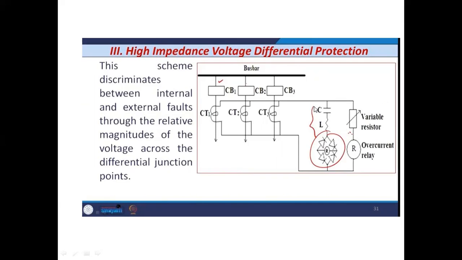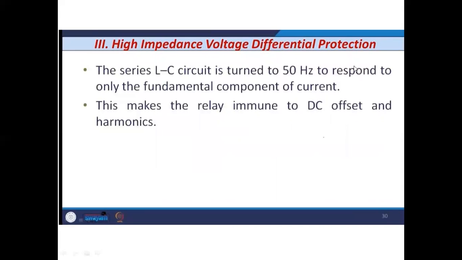If I have this point along with this L and C circuit, the LC circuit is tuned to how much frequency? 50 hertz, to respond only to the fundamental frequency component of the current. So this type of scheme makes the relay immune to DC offset and harmonics.